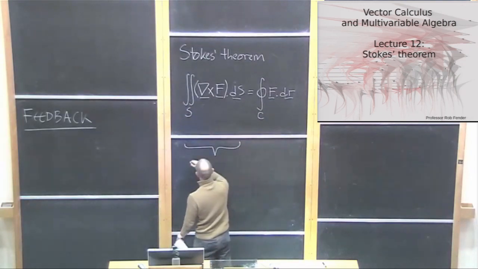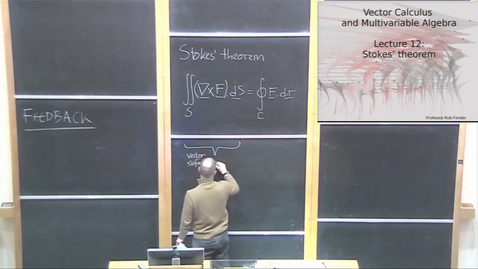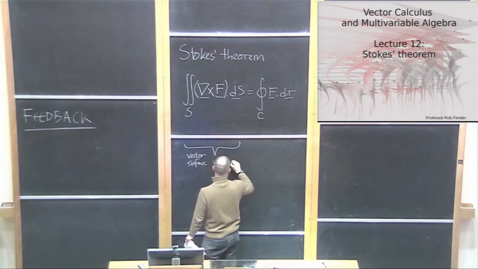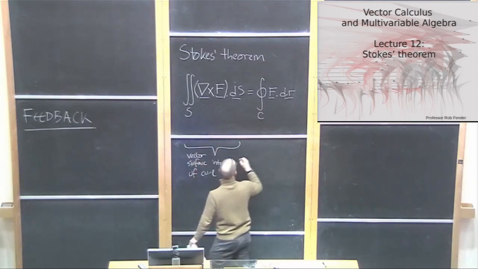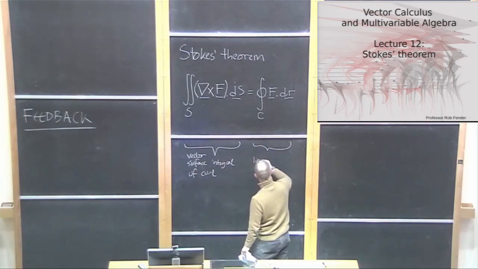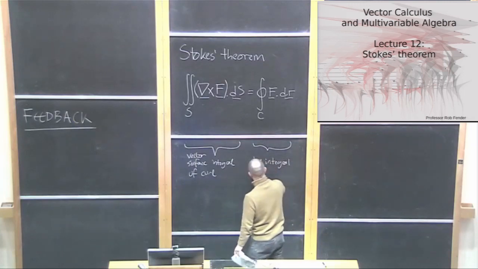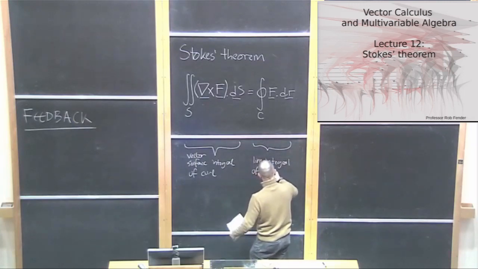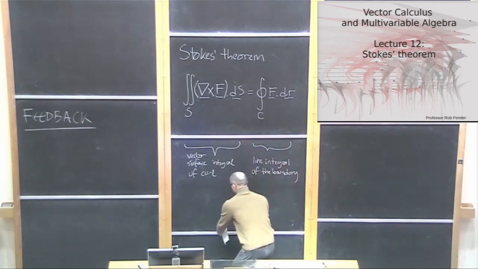So the vector surface integral of the curl equals the line integral of the boundary.